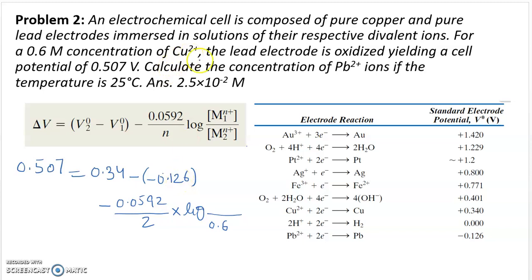We need to calculate the concentration of lead ion, so let's say that this is X. Now we can solve this equation for X.